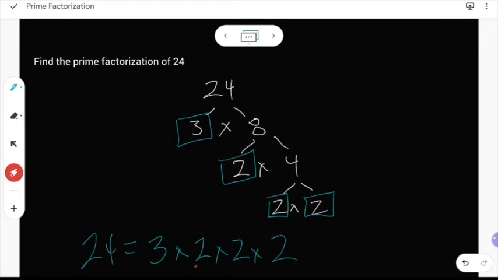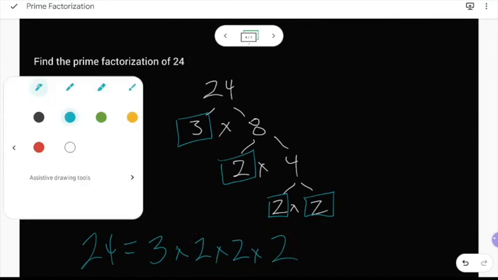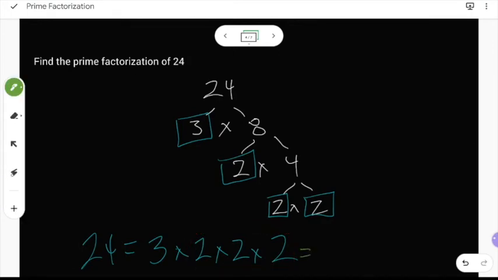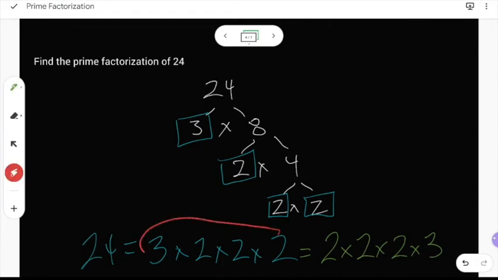Now normally we do like to have our smallest prime factors at the front. So it is probably best to move our 2's to the front and have the larger prime factor 3 at the end. But we're certainly not wrong if we write it this first way. And the two ways are equal or equivalent.